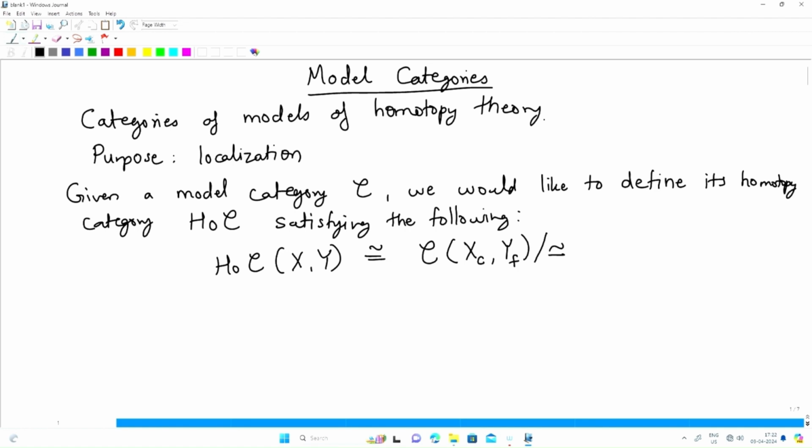So XC is the so-called cofibrant replacement functor and YF is the fibrant replacement functor. And once we do this, then we will get, and this is the notion of homotopy.